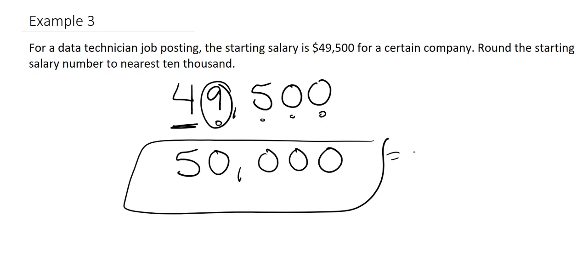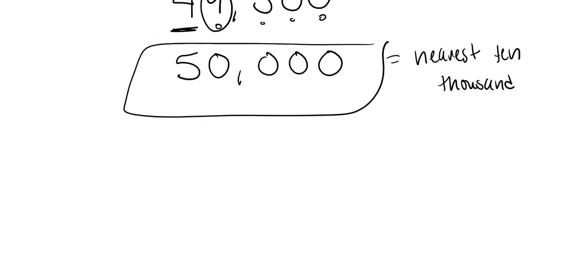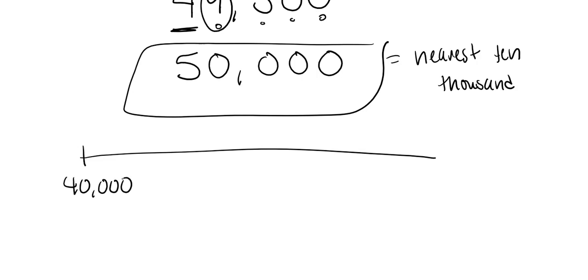And this makes sense, because if we put 40,000 here and 50,000 here, 49,500 is closer to right there. Therefore, we know it's closer to 50,000 for the nearest 10,000.